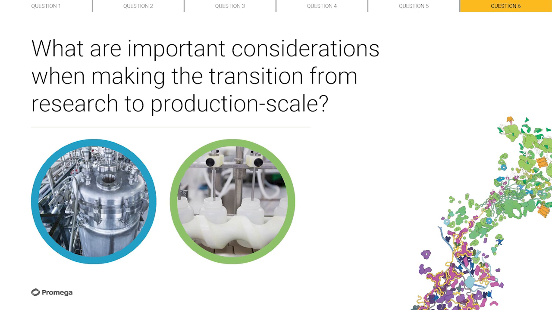This consistency is maintained through stringent quality control and adherence to good manufacturing practices, or GMP. The reliable sourcing of raw materials and an effective supply chain management system is also really essential, alongside comprehensive validation studies and thorough documentation to meet the regulatory requirements.